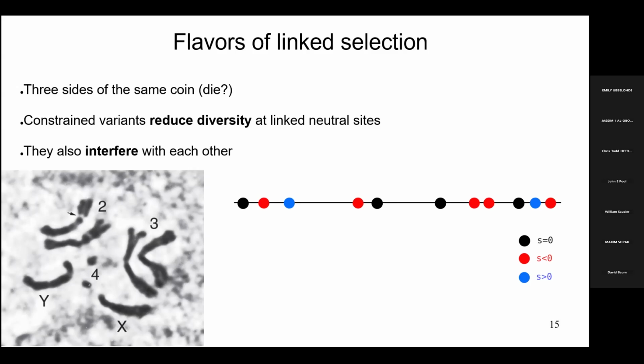So if you have this schematic chromosome here, a schematic haplotype, where the black circles represent neutral variants, and you have negatively selected variants in red, positively selected variants in blue, we're going to have a depression here at the black neutral sites. This is often the focus of linked selection models, but these other sites are also going to be affected. Just to summarize here.